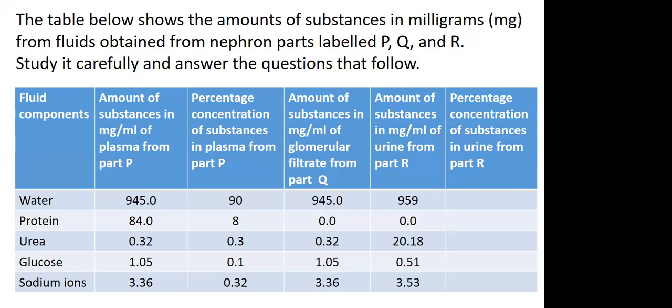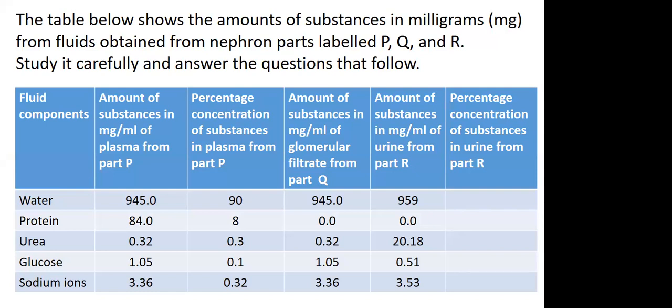So in this question, we are being told that the nephron has three parts, P, Q, and R, and we are expected to appreciate the different parts of the nephron and what takes place in those different parts. You'll notice that some fluids were taken out from part labeled P, which we don't know yet, but we can find out.